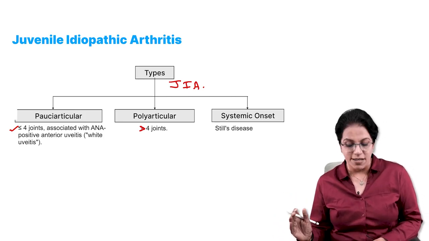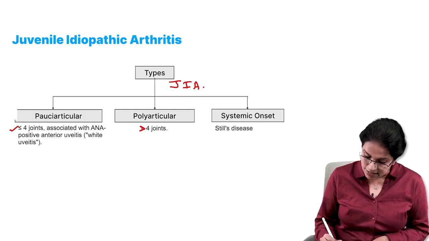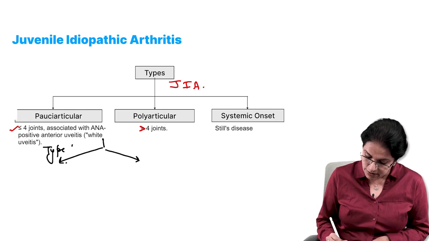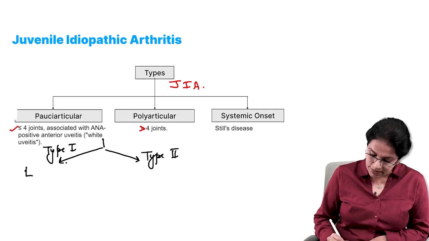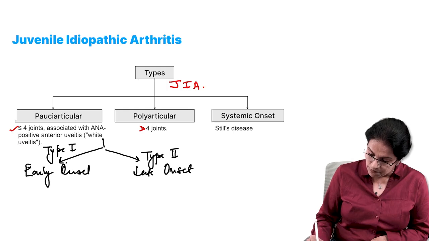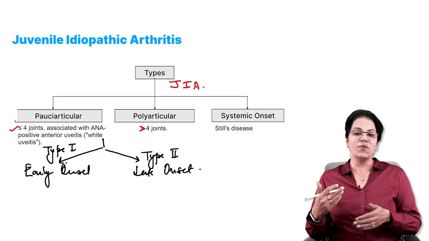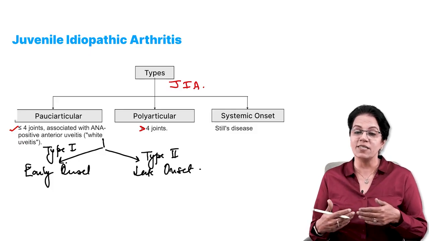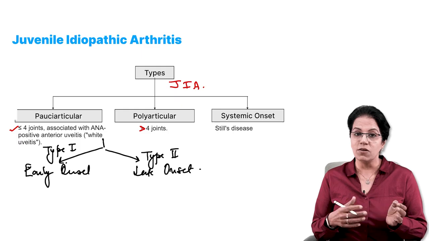Now we further learn that polyarticular is mainly divided into type 1, which is early onset, and type 2, which is late onset. So, what type of JRA is associated with uveitis? Not all.